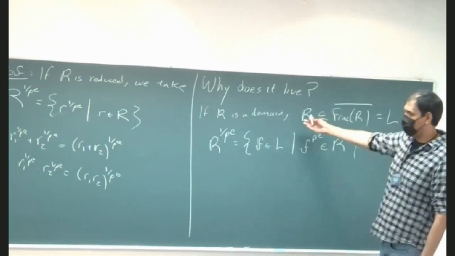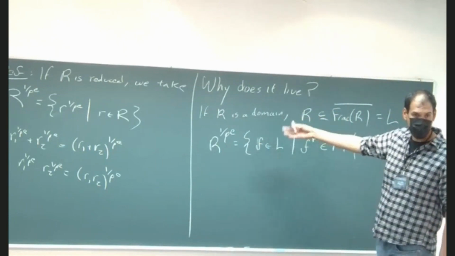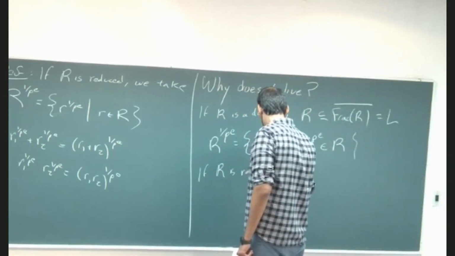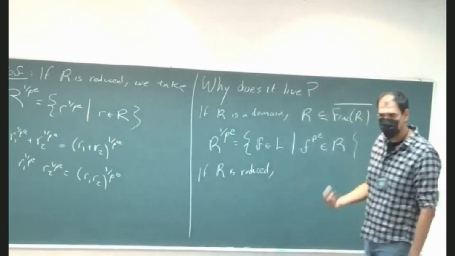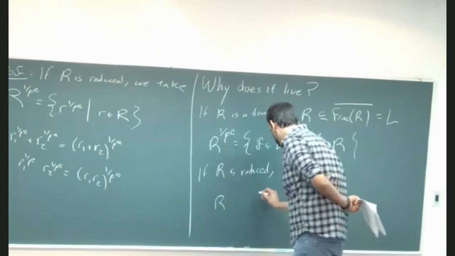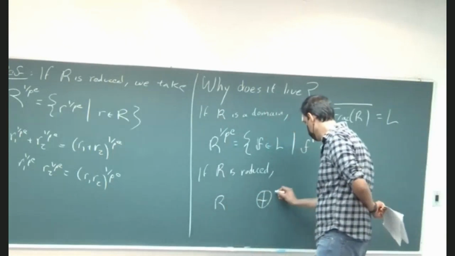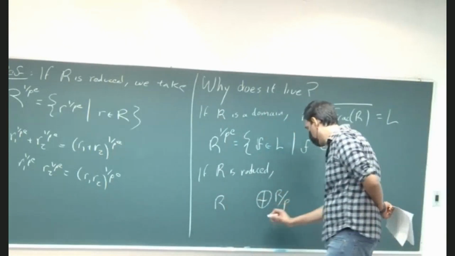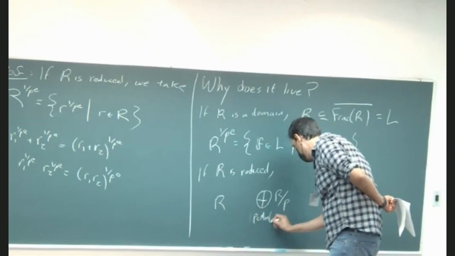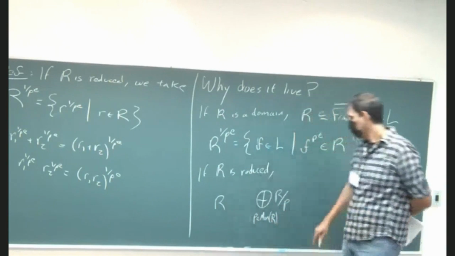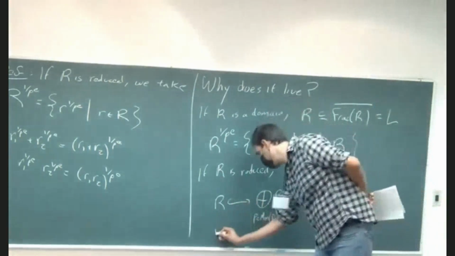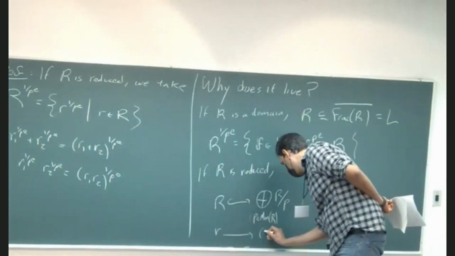But I didn't tell you to assume that R was a domain, no? R is reduced. One of the first tricks that we learn in a class in commutative algebra is that we take the sum over the minimal primes of R. So we take the inclusion that sends an element r to its class in every summand.